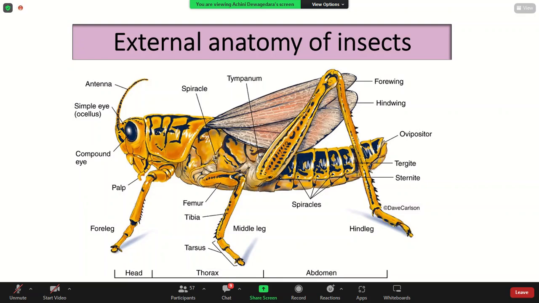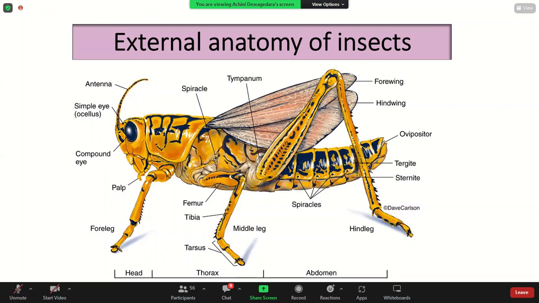Likewise, there are different systems inside the body. If we are going to talk about all these systems, this is a very large area to cover. So in this course module, we are going to learn only about the external morphology, the external anatomy of insects, not the internal anatomy. So only the external anatomy will be discussed here.